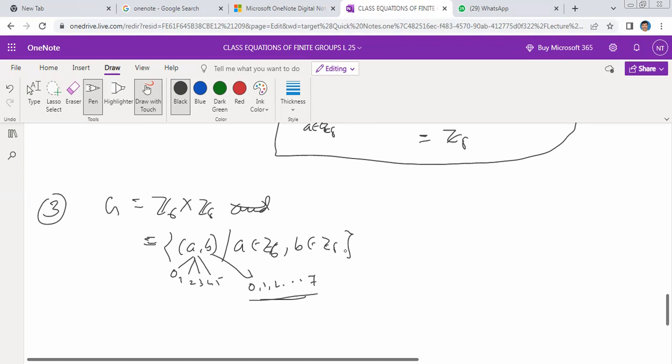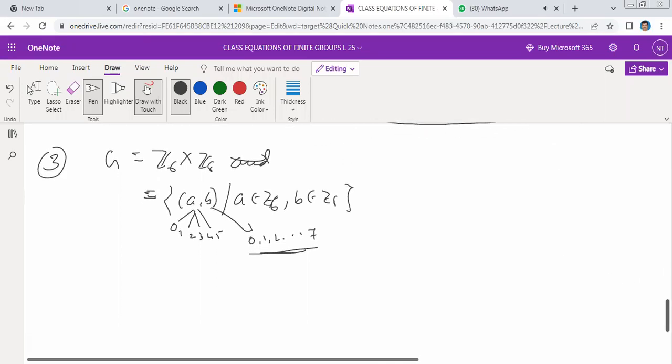My question is, what is the conjugate class of (1, 3)? G is equal to Z6 cross Z8. Find the conjugate class of the ordered pair (1, 3).